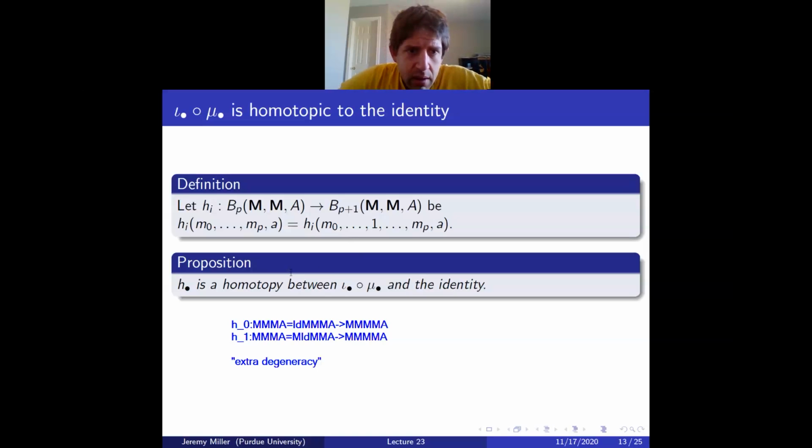So in general, this left M doesn't need to be equal to the middle M, this could be some arbitrary right M functor. And then this H0 wouldn't make sense. So all these higher H_i are just the degeneracy maps, but we have this extra one coming from the fact that we plugged in an M here.